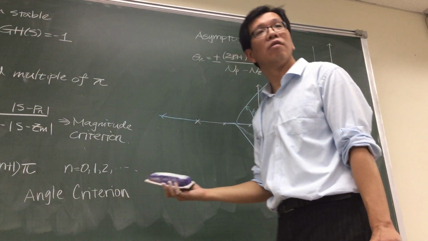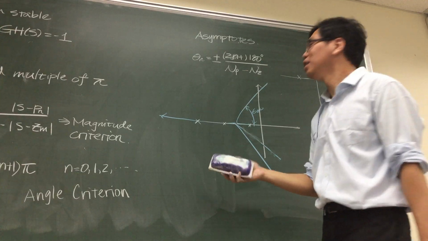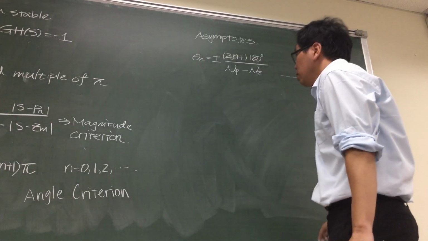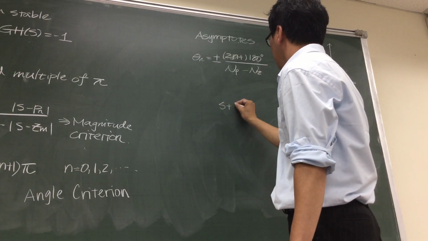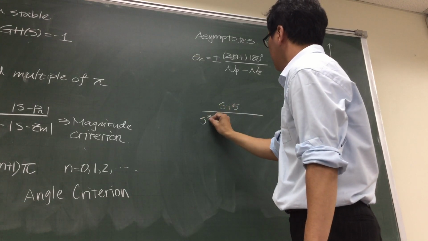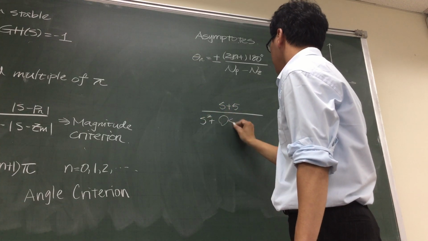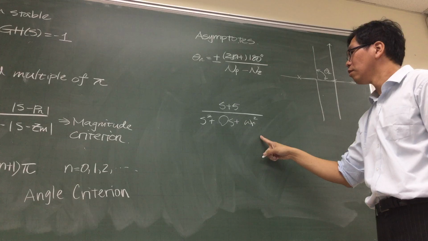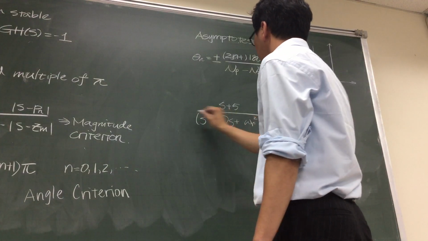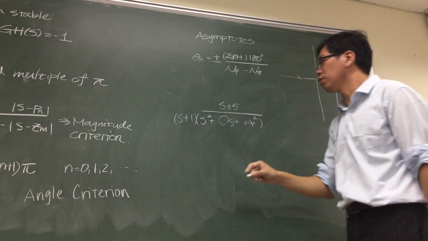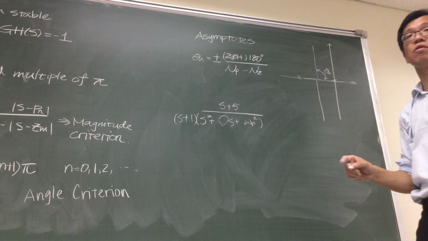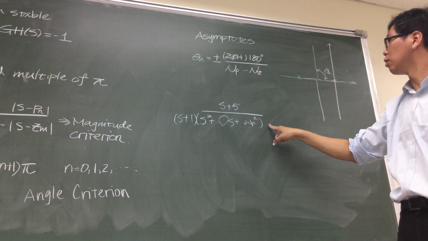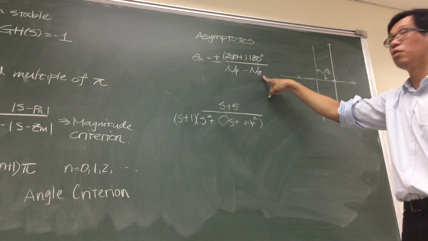Any question? Yes, I believe it's a lot of questions. So if you have, I'll give you some kind of purpose, s plus omega n squared, how many poles do you have? 3. How many zeros do you have? 1. So when you put everything together, this is going to be 3, and this is going to be 1.